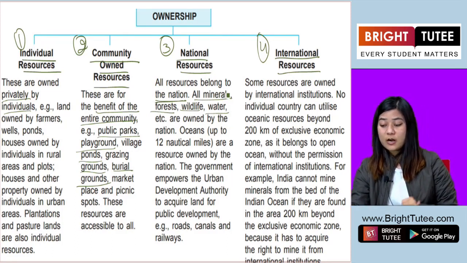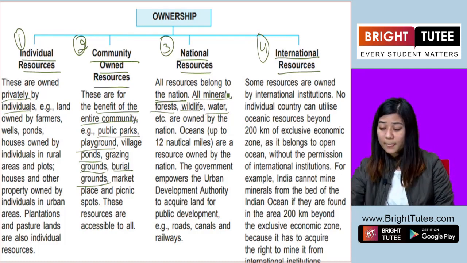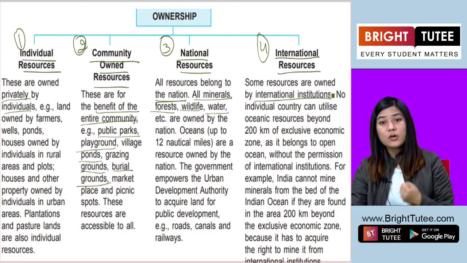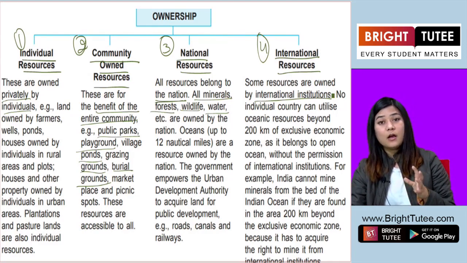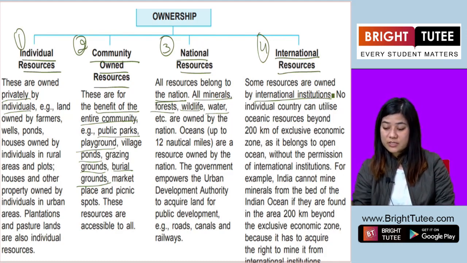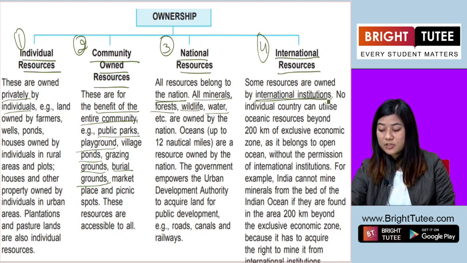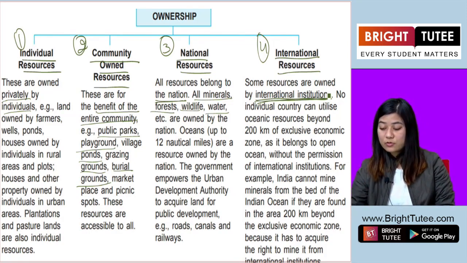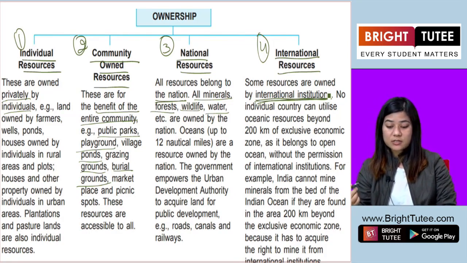International resources are those owned by international institutions. Here no country has the power to use the resources. They have to seek the permission of international institutions before they do anything to those resources, all right.